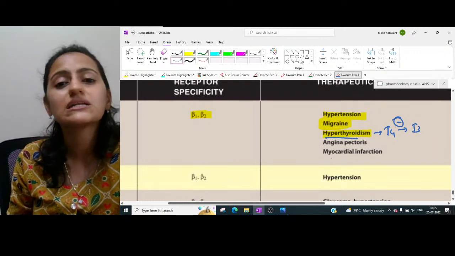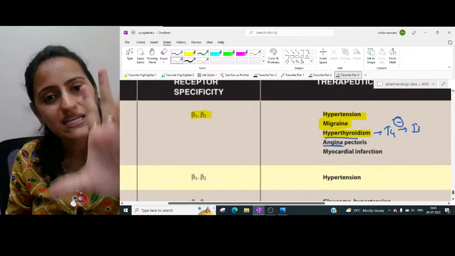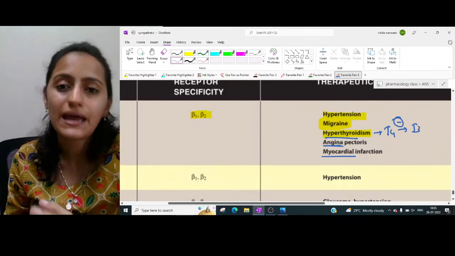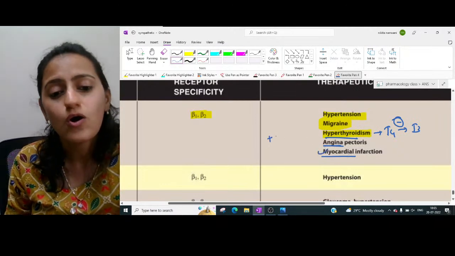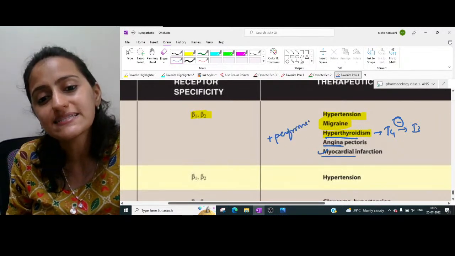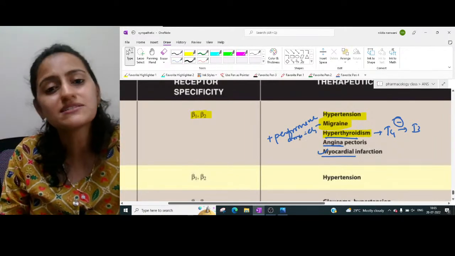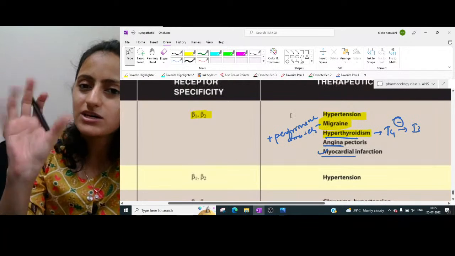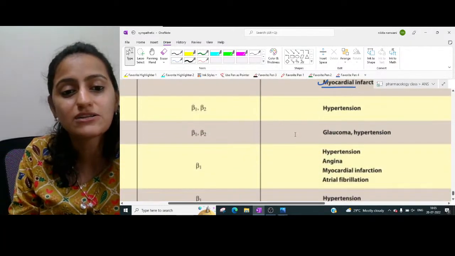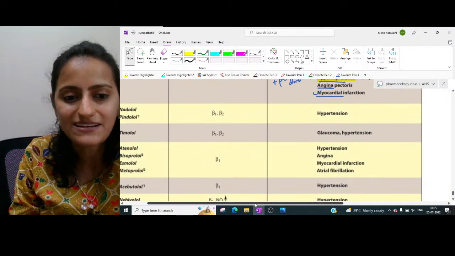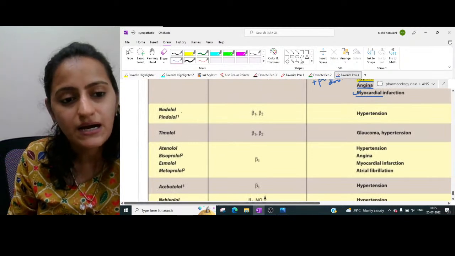So it's used in hyperthyroidism, angina, decreasing the cardiac work, MI, very, very important. Also remember performance anxiety, tremors, because the tremors are due to the muscle spindle getting activated.